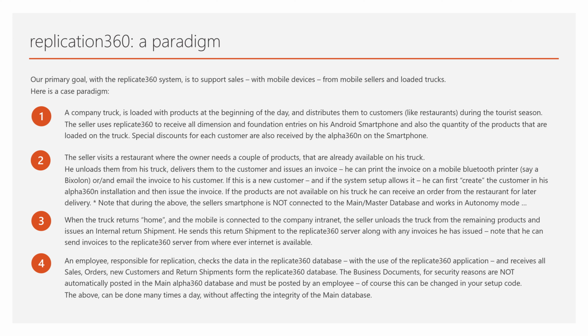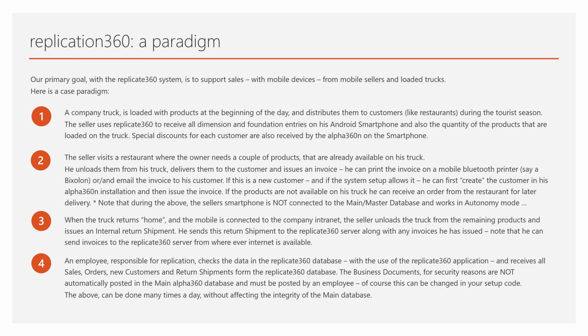Step 4. An employee responsible for replication checks the data in the Replicate 360 database with the use of the Replicate 360 application and receives all sales orders, sales, new customers, and return shipments from the Replicate 360 database.